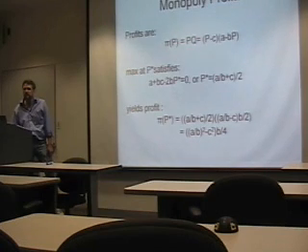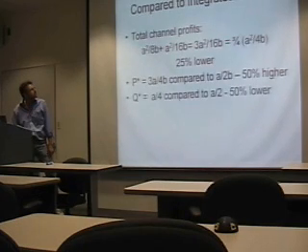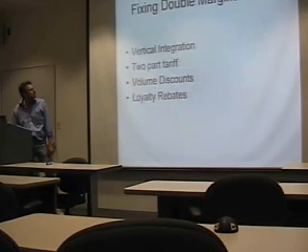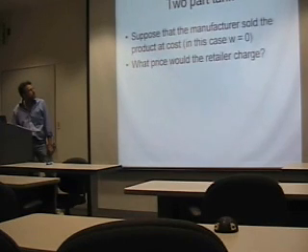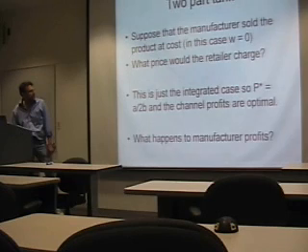So if he sells the good to the retailer at his own cost, then how does the retailer's problem compare to the manufacturer's problem? They're identical, right? So then the retailer will maximize the channel profits, and everything's good.